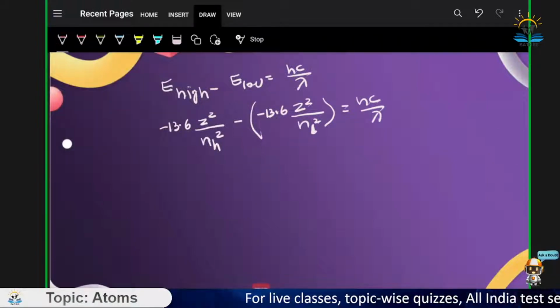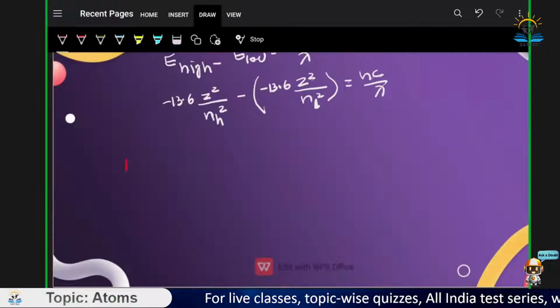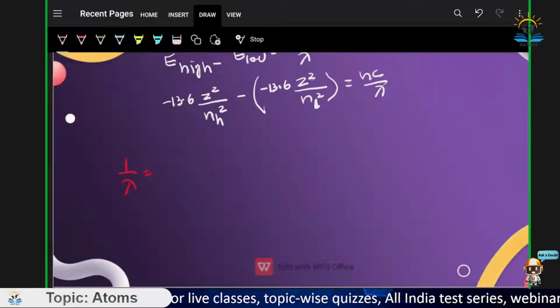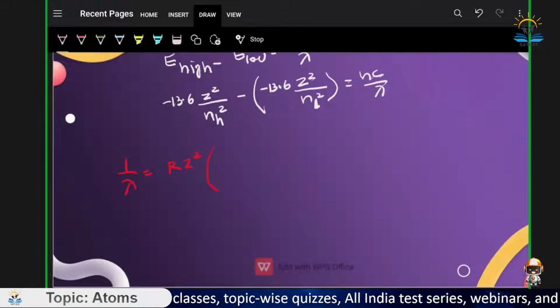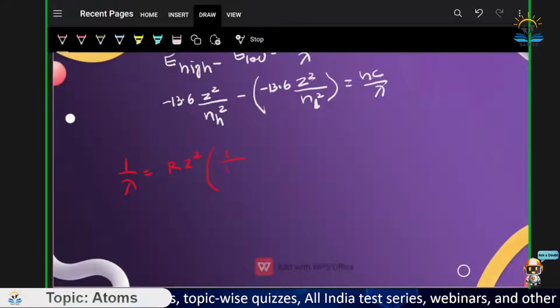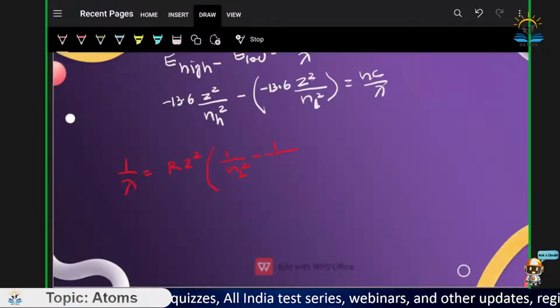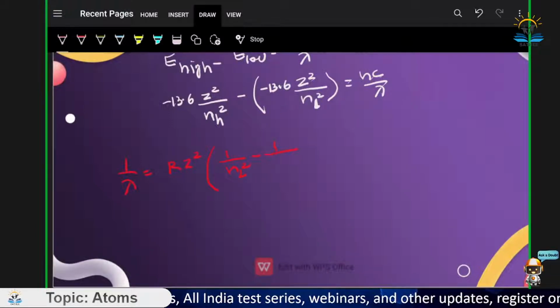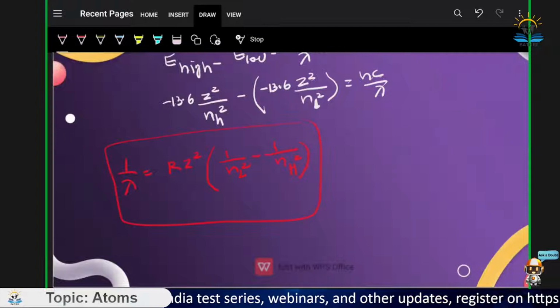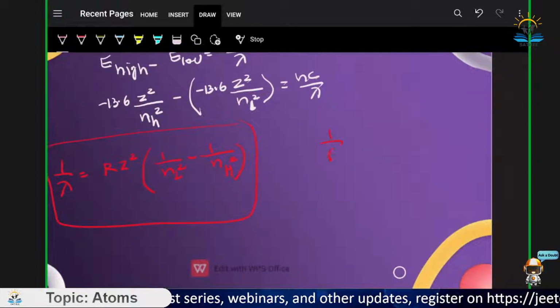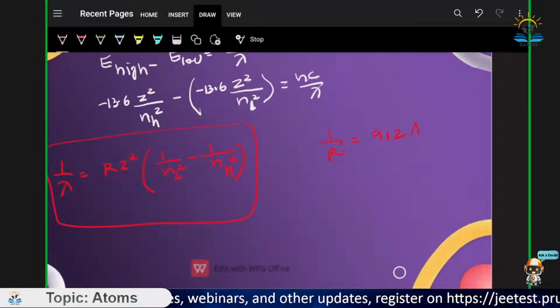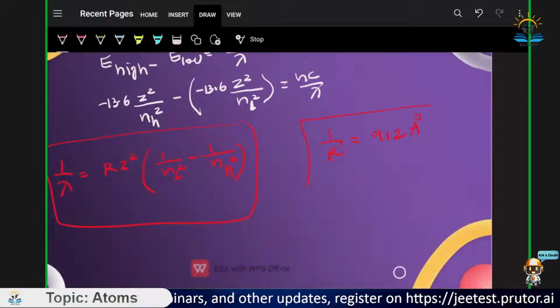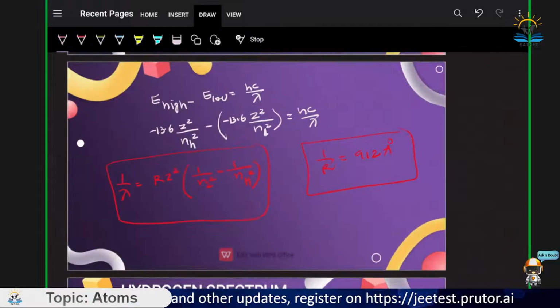So we get an equation for 1 by lambda: 1 by lambda equal to R z square into 1 by n low square minus 1 by n high square. This is the main equation. And 1 by R is equal to 912 angstrom.